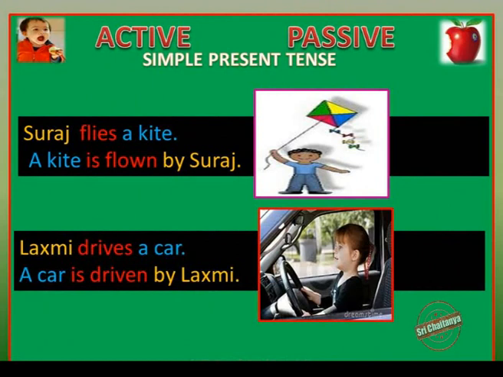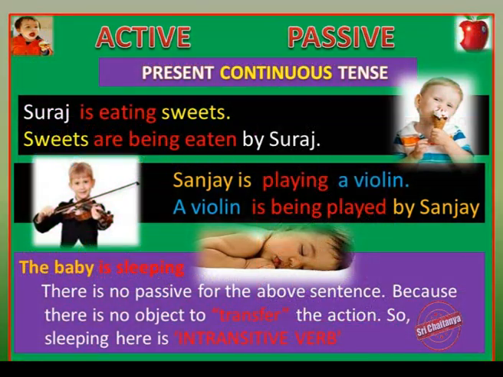Simple present tense. Suraj flies a kite. Passive voice: A kite is flown by Suraj. Lakshmi drives a car. A car is driven by Lakshmi. Present continuous tense.